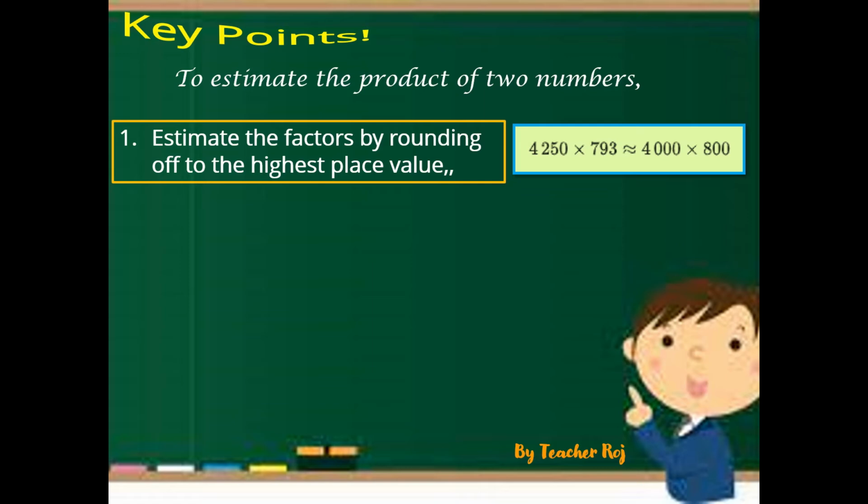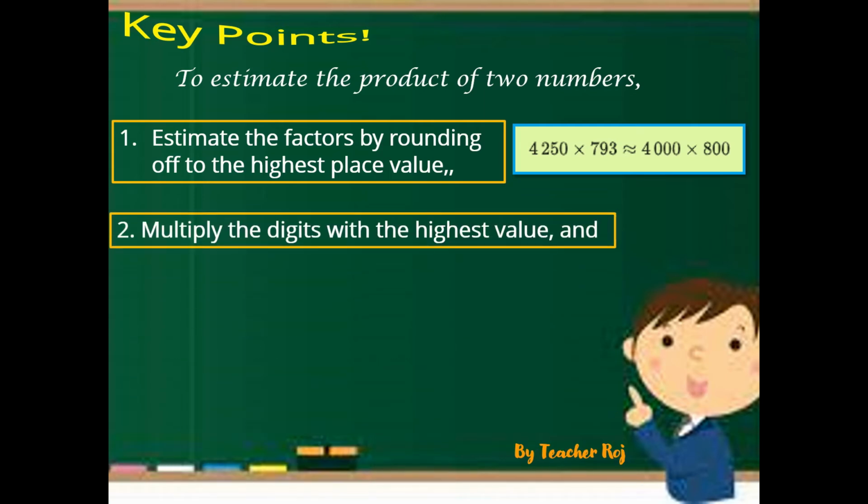And 793, if you round 793 to the highest place value, that is 800, no? Almost equal to 800. And then, anong gagawin? Multiply the digits with the highest value. Ano ba yung mga digit with the highest value doon sa bago mong number?